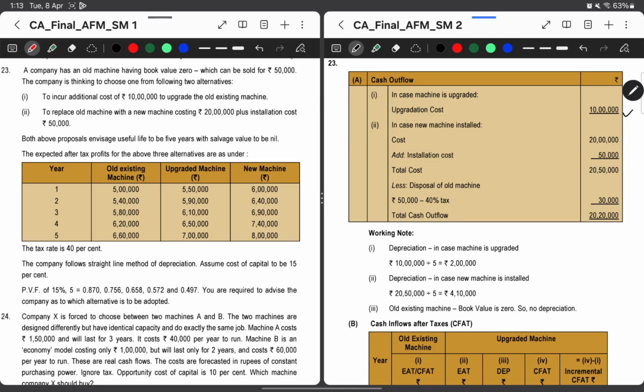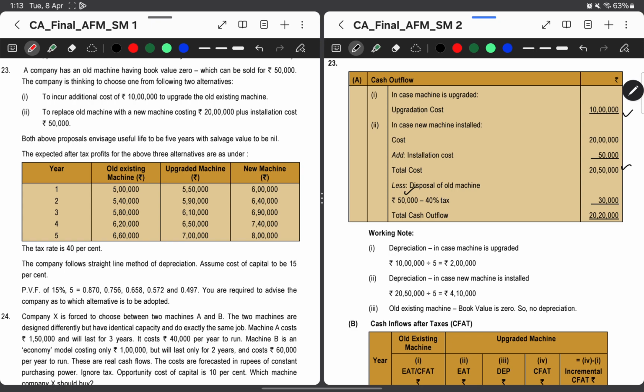In the second scenario, the old machinery is getting replaced. Replaced in the sense old machinery will be sold, new machinery will be purchased. So the new machinery's cost of 20 lakh plus 50,000 installation cost will be the total cost, less sale of old machinery which is sold for 50,000, which will be a cash inflow.